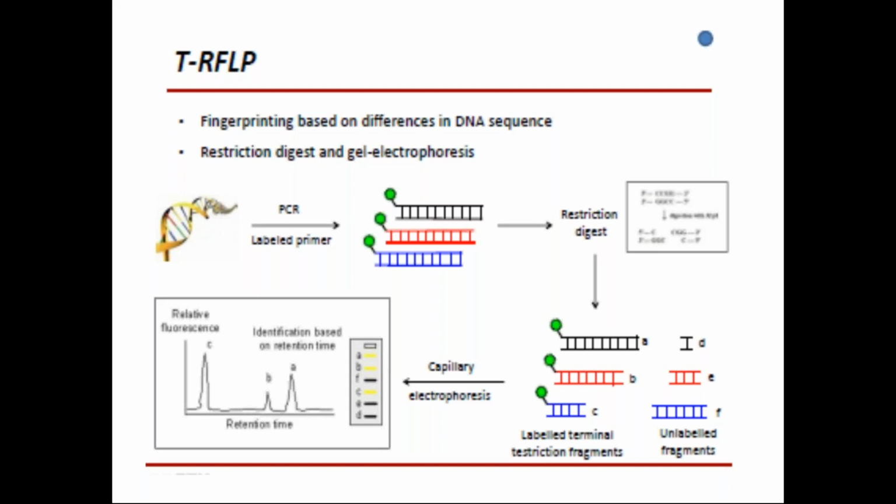So from that sample, when we isolate total genomic DNA, there is genomic DNA originated from 50 different types of bacteria. Within that genomic DNA we added the specific primer set, which is able to amplify the 16S region only.